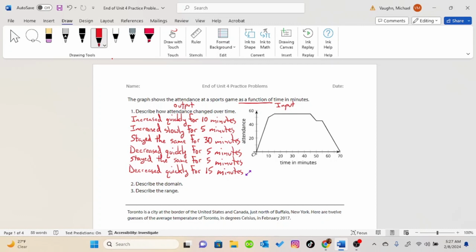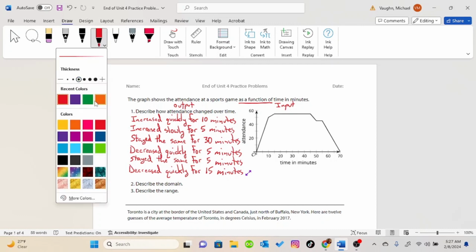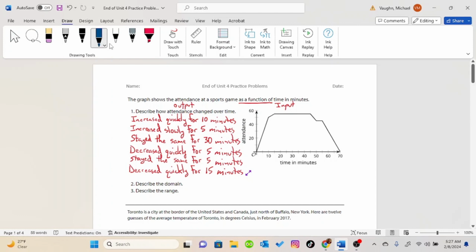Number two, describe the domain. A domain refers to all the possible numbers that you could use for your input. Our input is talking about time in minutes. And if we look at our graph, we see that it starts at 0. There's a solid line, so it does include partial or fractional minutes, and it ends at 70 minutes.